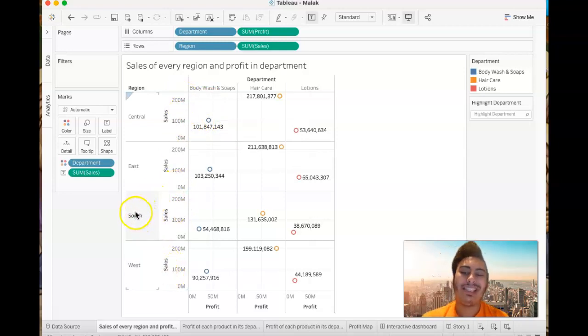So for example, the south region is making a certain amount of sales. The east region is making a certain amount of sales. The sales are on our y-axis and our profit is on the x-axis. The color is labeled over here if you can see. Lotions would be the red, orange would be hair, and blue would be body.